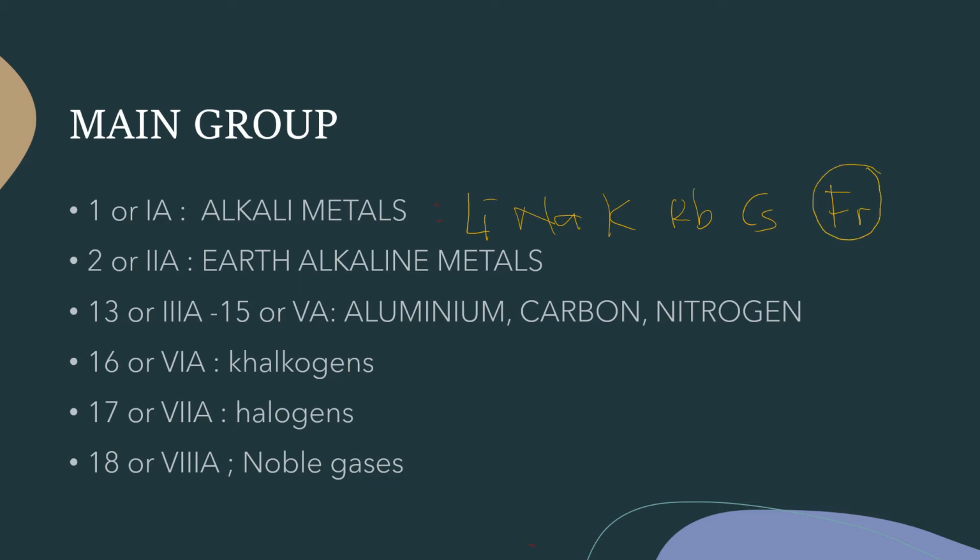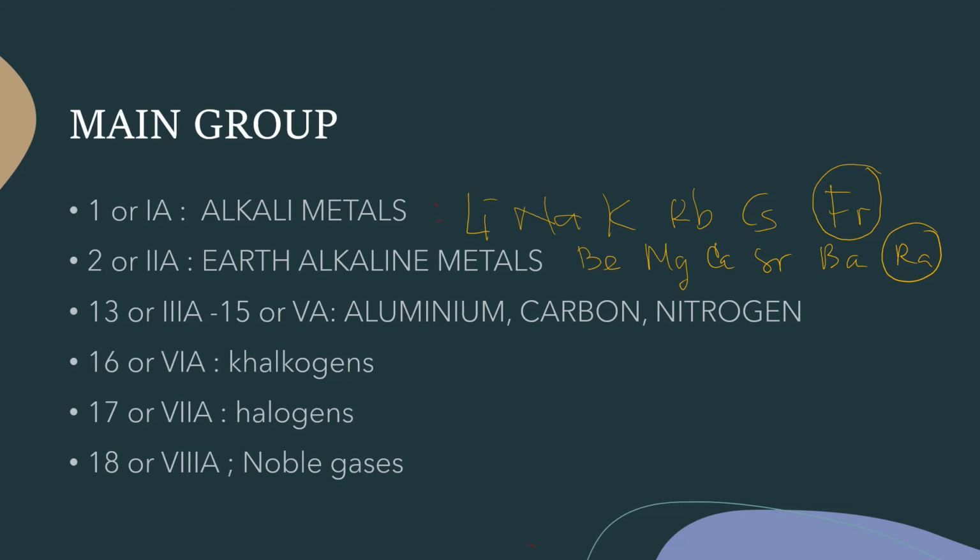Francium is radioactive. For group 2 or 2A earth alkaline metals, we have beryllium, and then magnesium, then calcium, strontium, barium, and radium. Radium is radioactive.